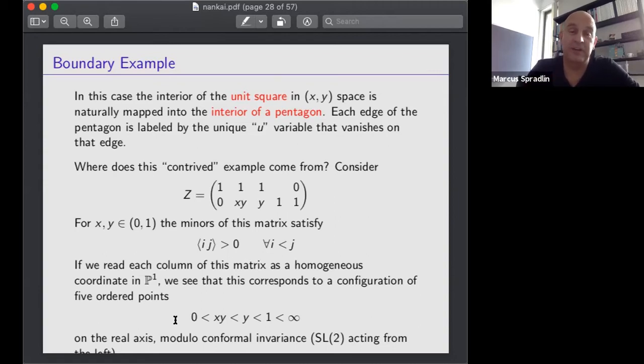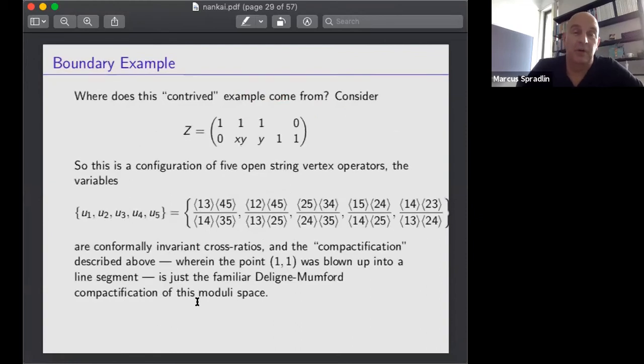So this corresponds to a configuration of 5 points in P1 modulo the action of SL2 from the left. And the u variables that I used before actually are just simple cross ratios of the Plücker coordinates written here. Okay, so this example was nothing more than the familiar Deligne-Mumford compactification of what physicists would call the open string moduli space, or what in the language of today's talk, I'll call the compactification of GR2, 5 mod torus.